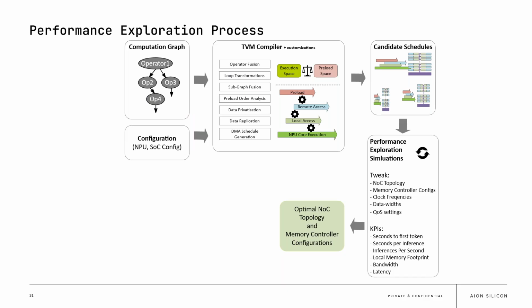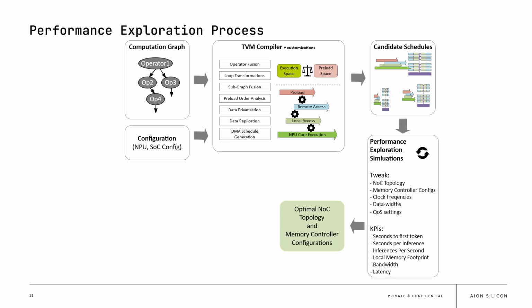What you end up getting as an output from the compiler is a bunch of potential schedules, which are mappings of the use case onto the device itself. You have different schedules which the compiler generates.